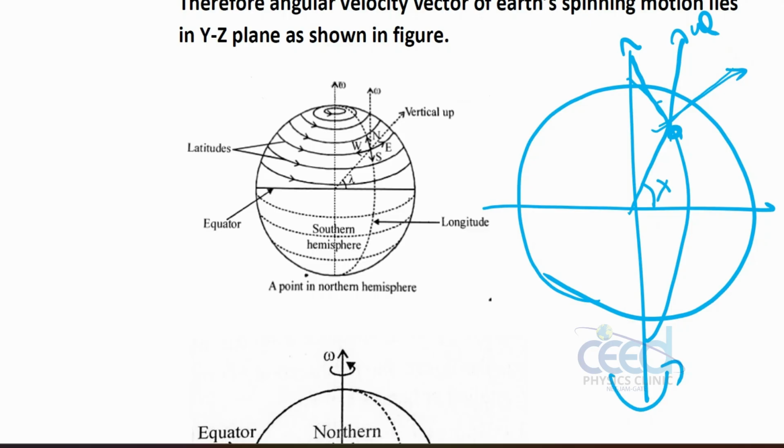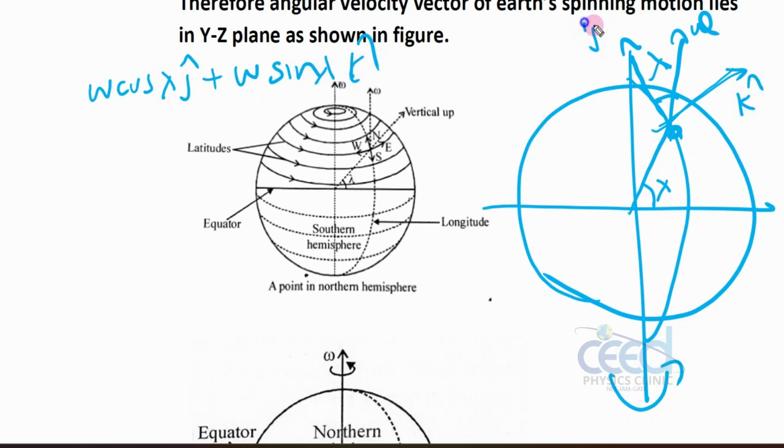Then this also is lambda, and this is your omega. Then we have two components: omega cos lambda j cap plus omega sin lambda k cap. This is the k cap direction, this is the j cap direction. Understood? This is the northern hemisphere. This hemisphere we call the northern hemisphere, and this hemisphere we call the southern hemisphere.